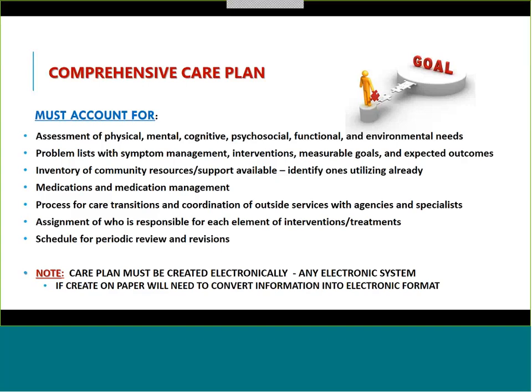You also need to coordinate that with the outside agencies and specialists as well. So referrals, and if you're using home care, any kind of visiting nurses, even CNAs, you need to make sure that you're communicating that important patient information so that they can care for them properly.